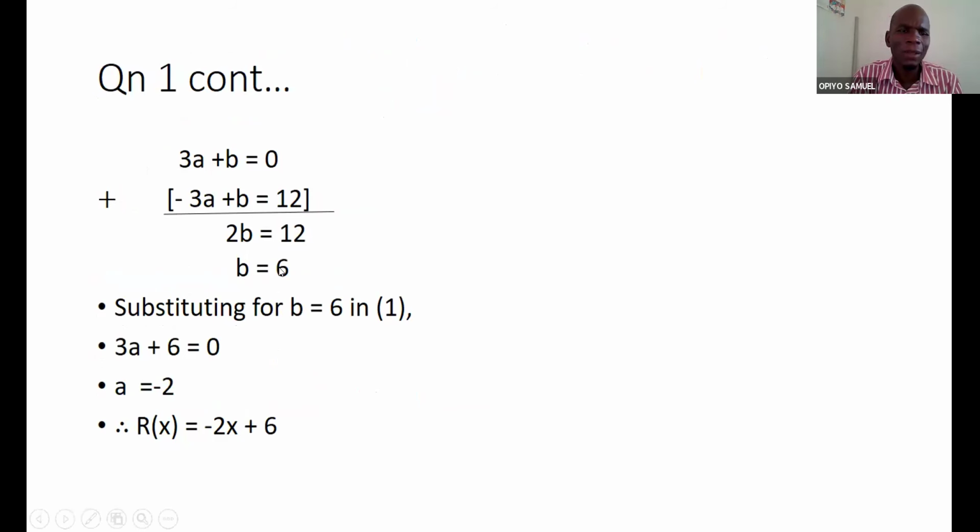Lambda is a constant. When two vectors are parallel, AR and D are parallel, then one is a scalar multiple of the other. That's why we have r equals a, which is the position vector of point A, plus lambda d, where d is the directional vector. When we substitute in the vectors A and D, this becomes the equation of the line.